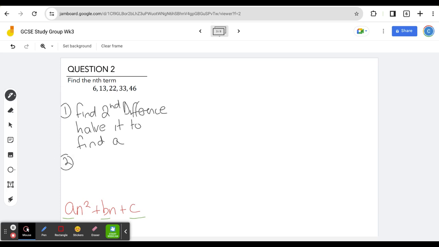The second thing is we create a table and we work out AN squared. We work out this term, create a table and include AN squared. And then what we do is we subtract that.